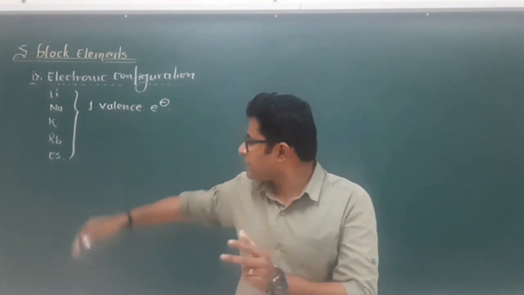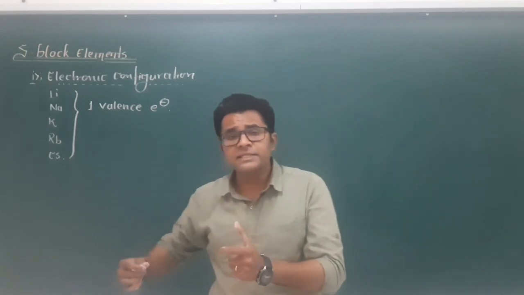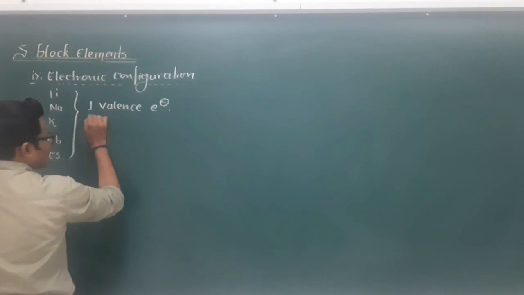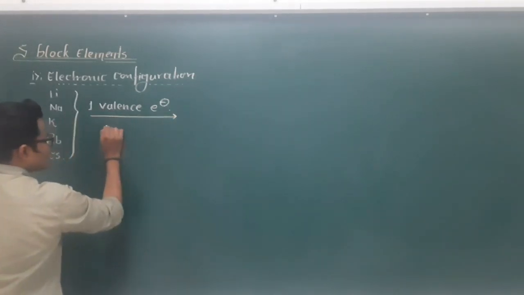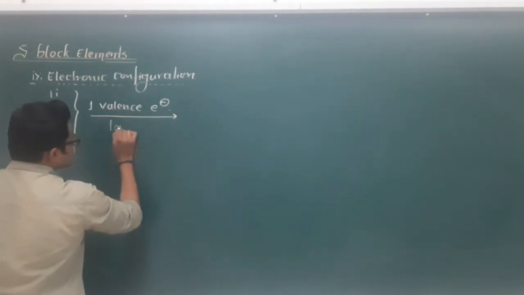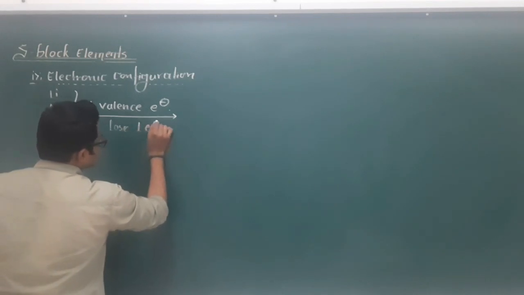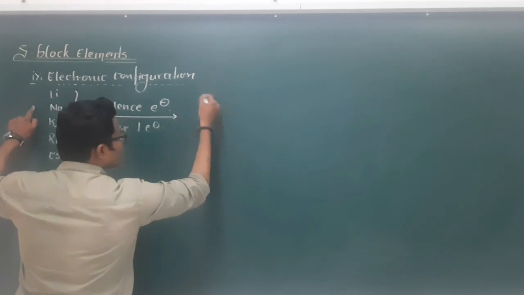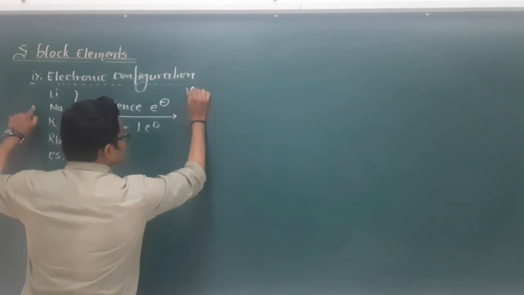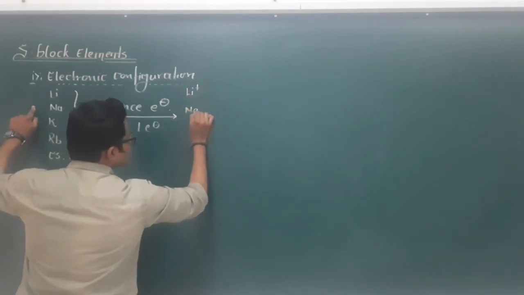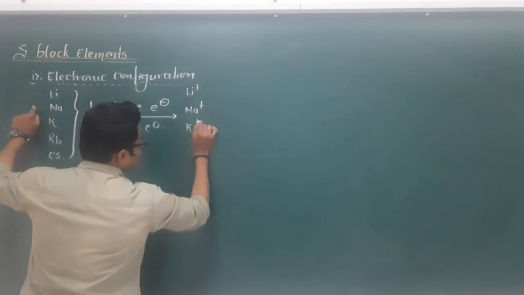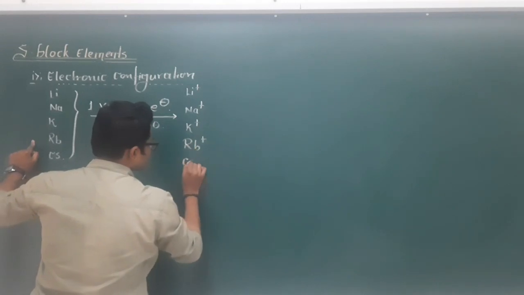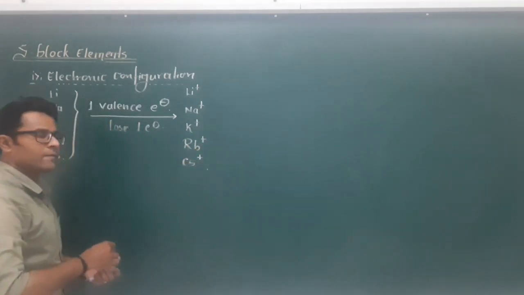That is, these metals have a tendency to lose one electron. The loss of one electron results in the formation of ions such as Li+, Na+, K+, Rb+, and of course Cs+ ions.